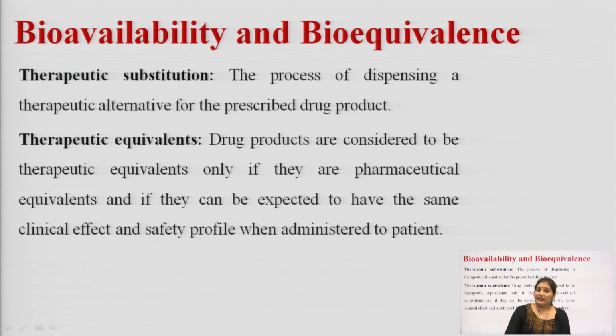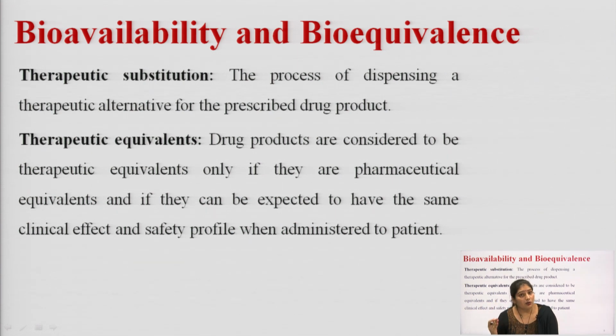Because in parenteral administration, especially in IV cases, the drug is directly entering the systemic circulation. So, the drug is 100% bioavailable. We can say the bioavailability is 100% in the case of the intravenous route of administration.